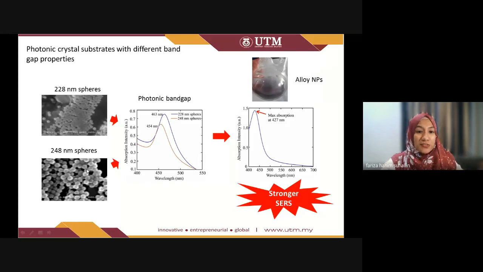By varying the sphere diameters, we can get different photonic band gap properties, where we try to closely match with the Raman from the plasmonics of the alloy, so that when we have a close match from the photonic band gap to the resonance of the alloy, we hope to get a stronger SERS interaction for the purpose of sensor developments.